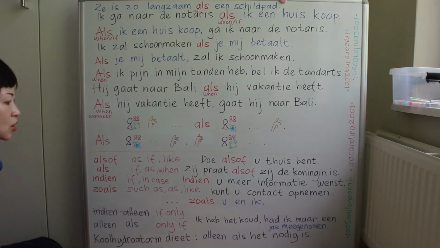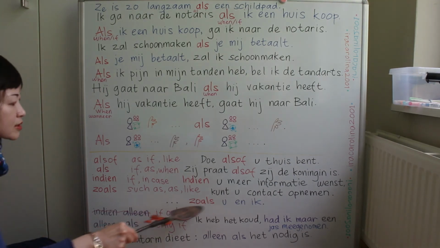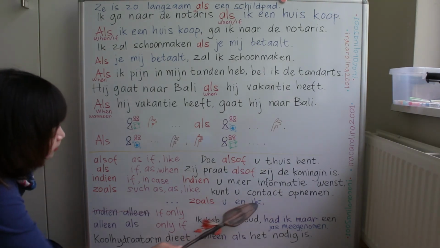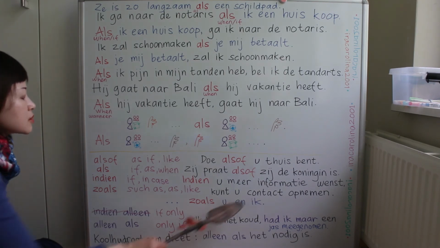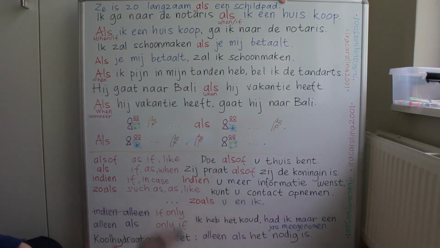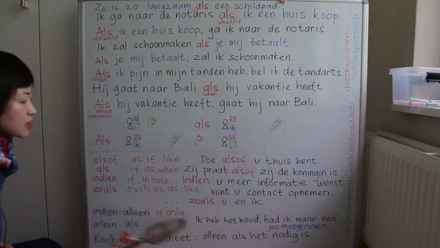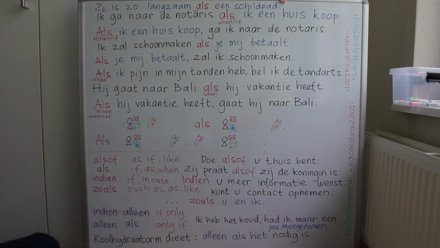And then zoals u and ik, such as you and me, you and I. This is not me, I. Such as zoals u en ik, you and I, such as you and I.